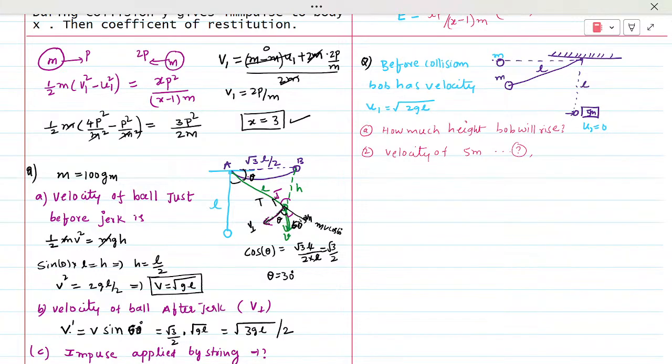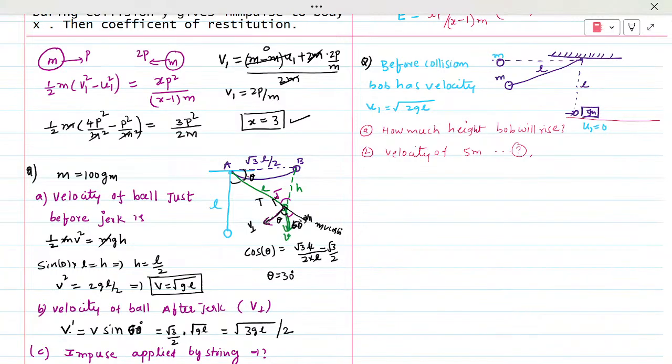Here, in advance, if you want to advance the concept, one more problem: this is on a rough horizontal surface with coefficient mu. Then when the velocity becomes 0 for the 5 kg mass, how much distance will it travel before coming to rest? S is equal to v square by 2 mu g, since a equals mu g.